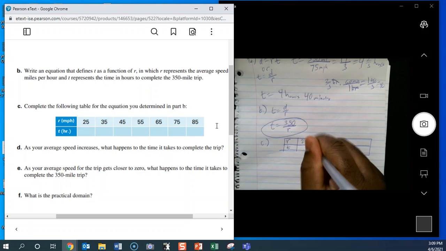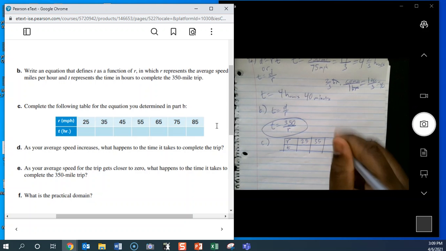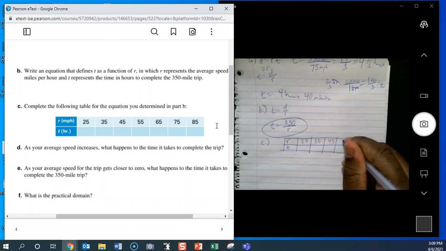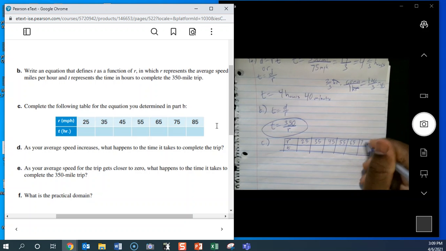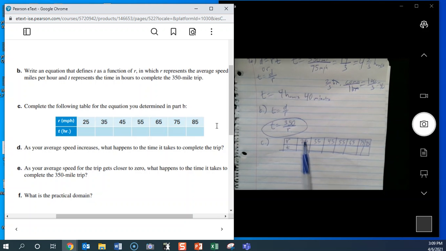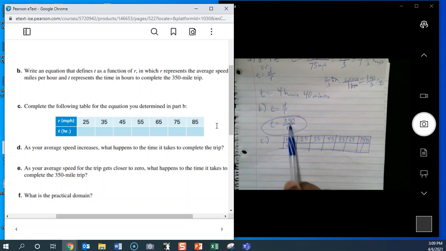So you have 25, 35, 45, 55, 65, 75, and 85. So we have these values here. All we have to do here is substitute in these values in the denominator of the fraction.